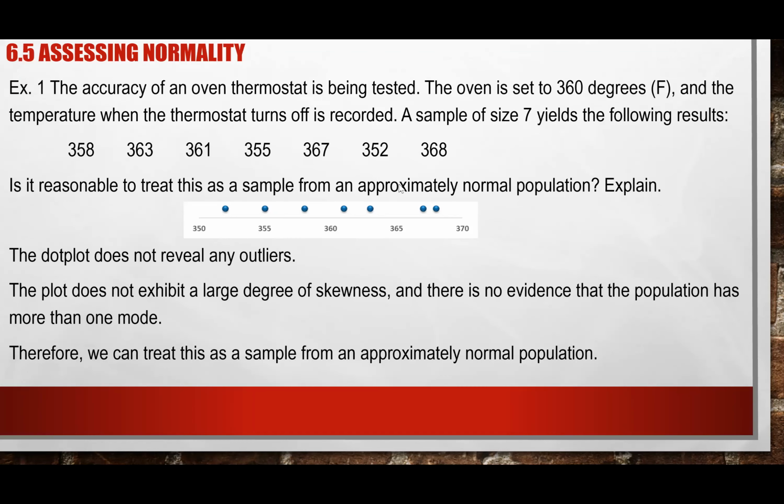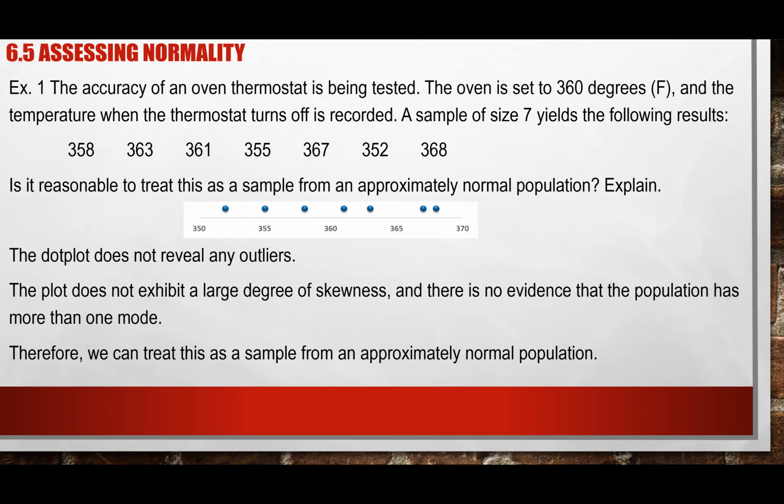So based on this, I don't see any outlier, I don't see any skew, and we cannot see more than one mode. So we can say that, yes, we can apply an approximately normal distribution to this population, okay?